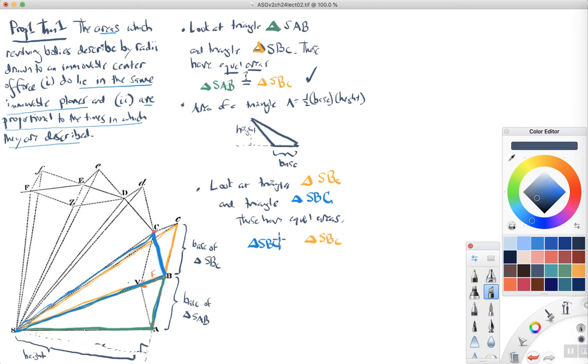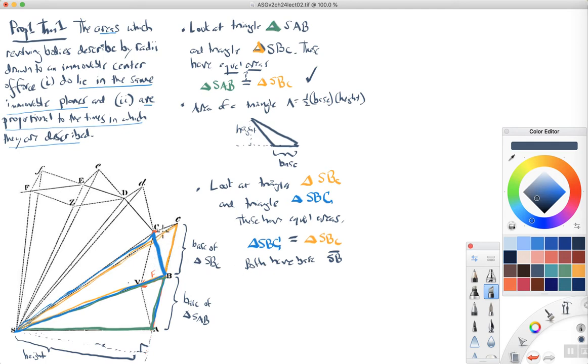That's the claim that I'm going to make. Now, how do we know this? Well, once again, the area of each is its base times its height. Now let's take the base to be the line SB in both cases. So both have base SB, right? And what is the height?